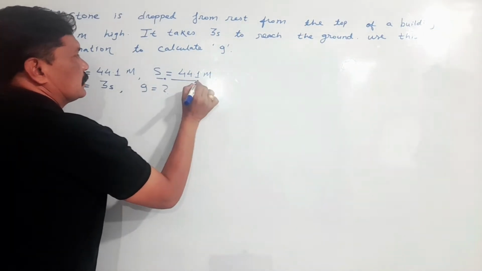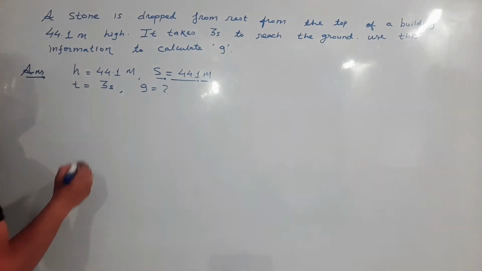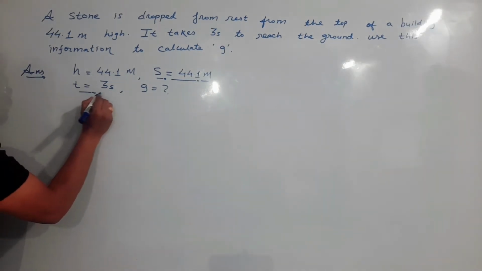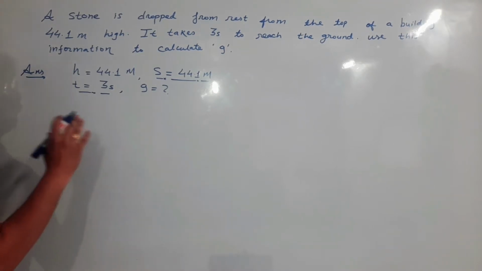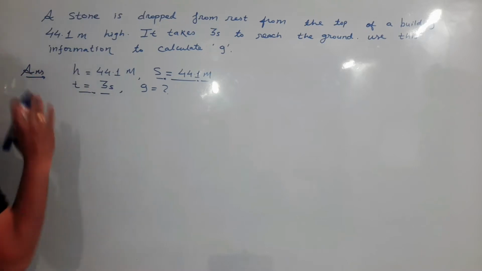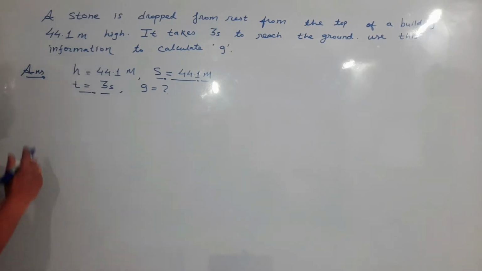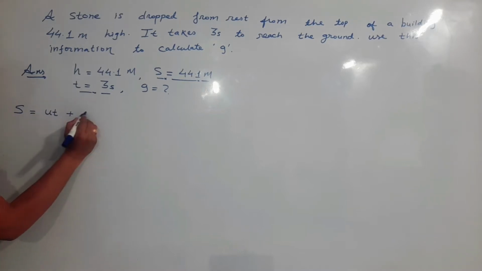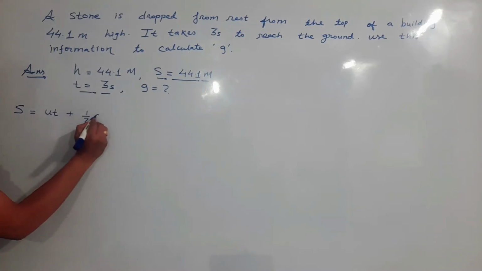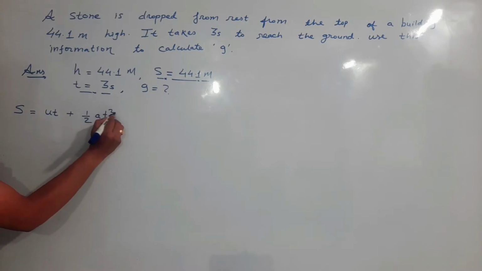the distance traveled by the body is given and the time taken to travel the distance is given. So my dear student, here we can make use of one kinematical equation, that is S is equal to ut plus half at square.